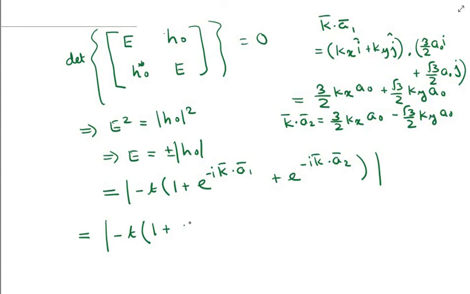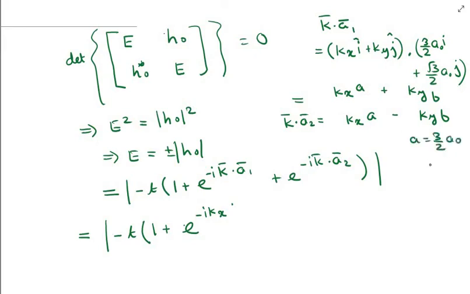Okay, so we can write this as e to the power minus I kx a0 and so on, or we just cut this 3 by 2 and write it as a and b, so that it's actually easier to manage, where a is basically 3 by 2 a0 and b is basically root 3 by 2 a0.